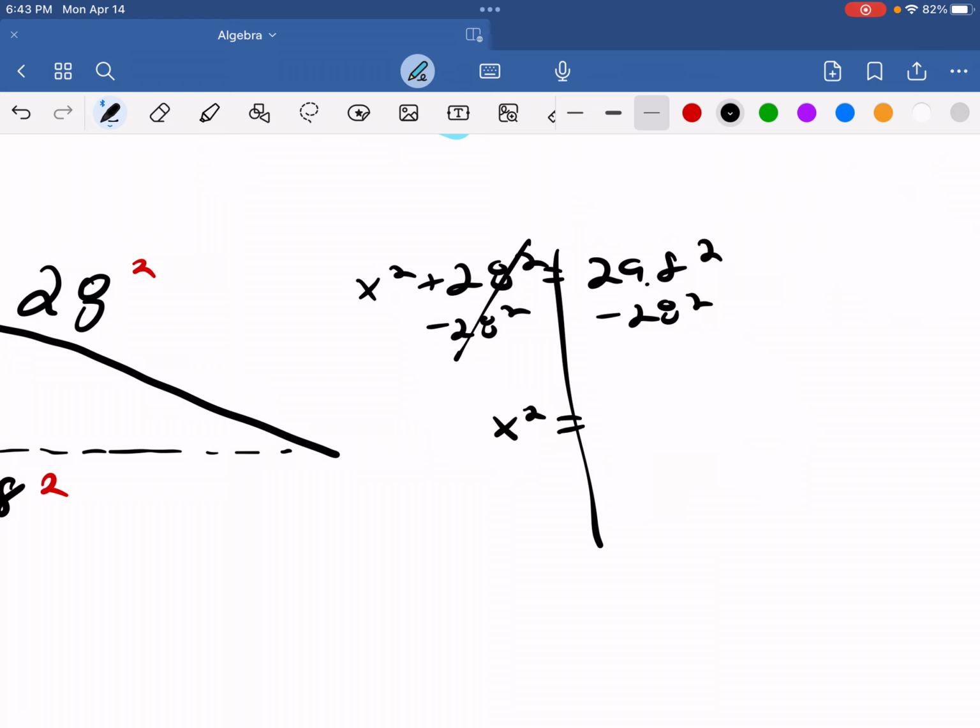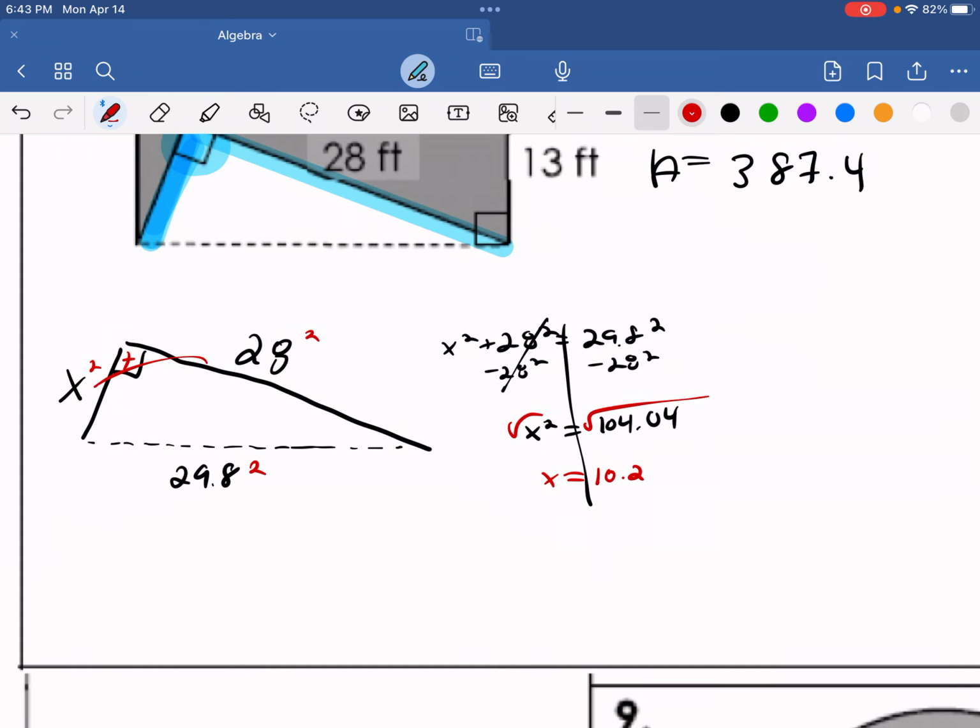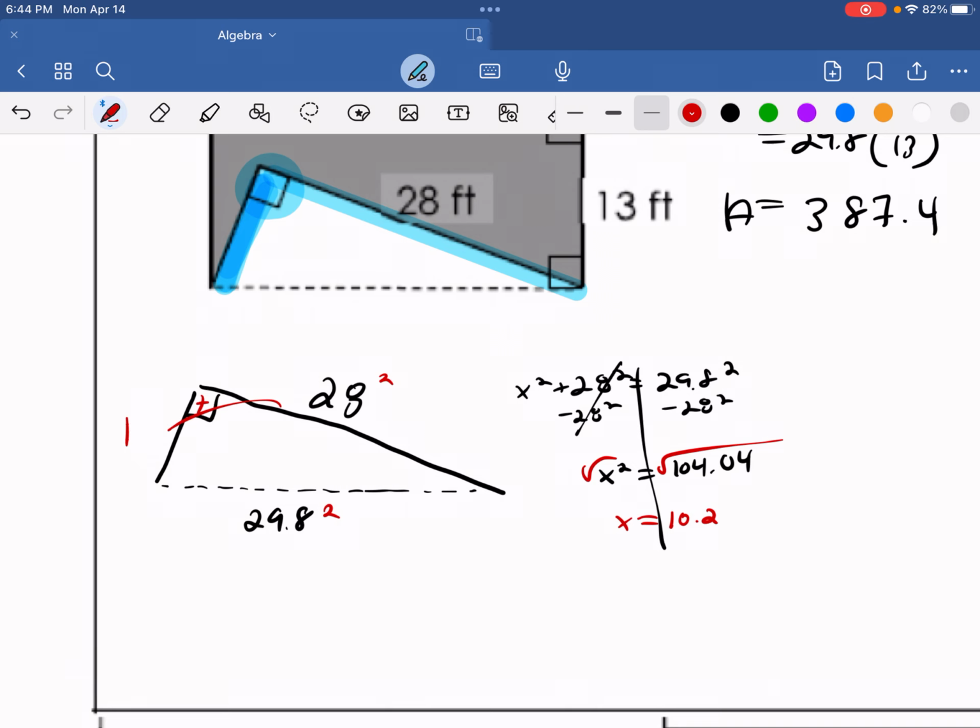We get x squared equals 104.04. Last step, square root. And we get 10.2. It means that this side right here is 10.2.